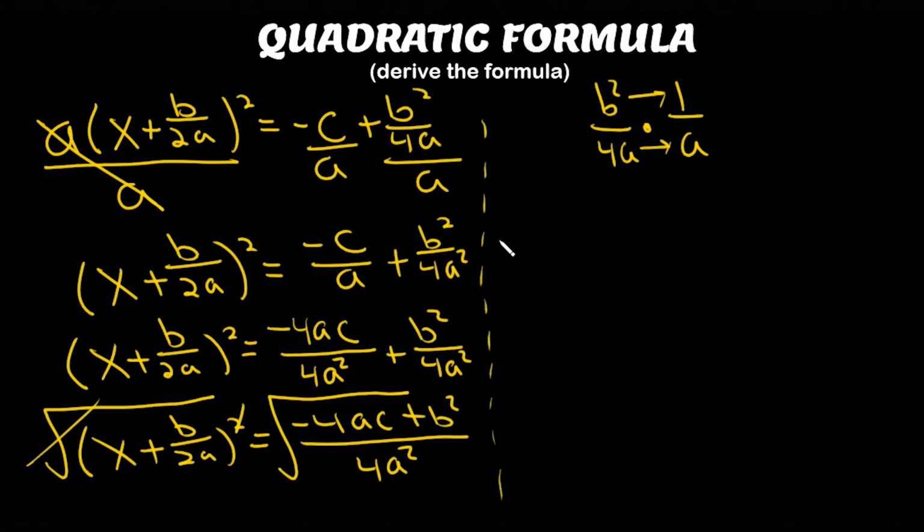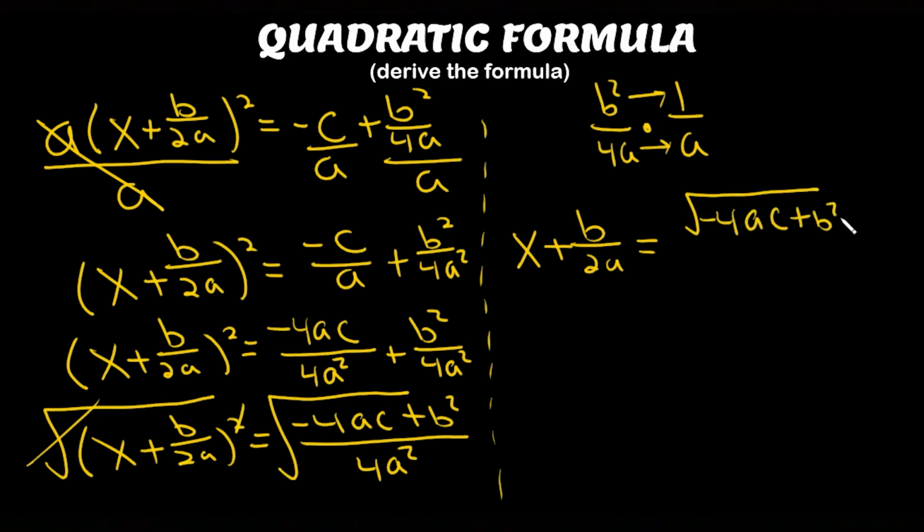All right, I'm going to be left with x plus b all over 2a equal to, now remember, this square root is being applied to both the numerator and denominator, okay? So on my numerator, I'm going to have the square root of negative 4ac plus b squared, okay?